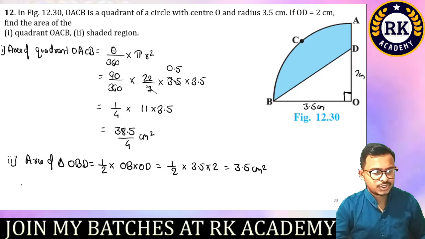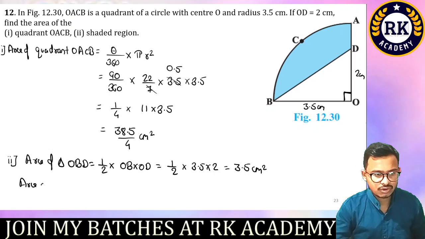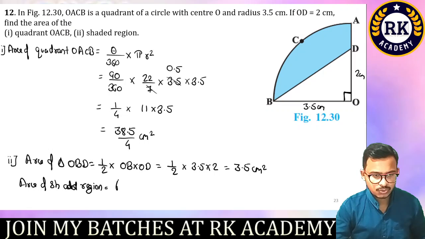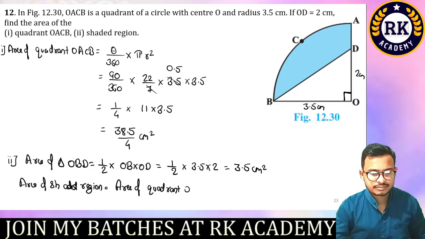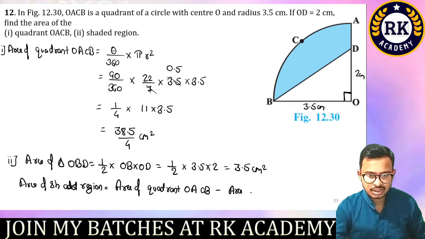So what will we substitute? Let us write: area of shaded region shall be equal to area of quadrant OACB minus area of triangle OBD.